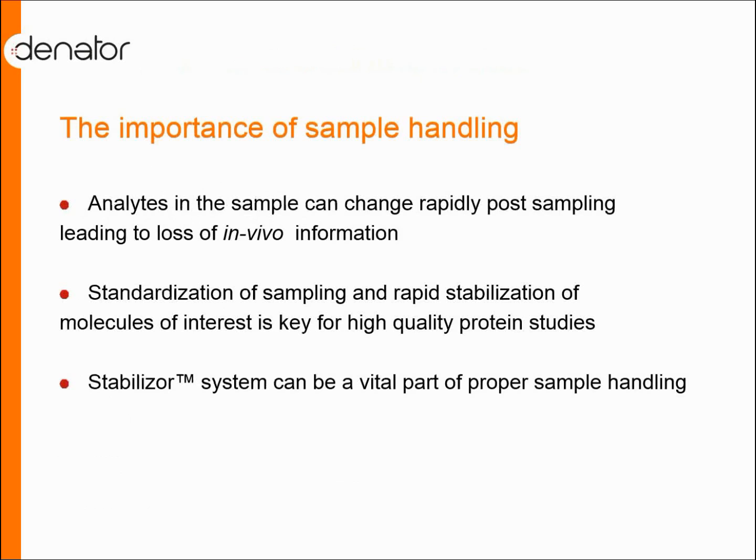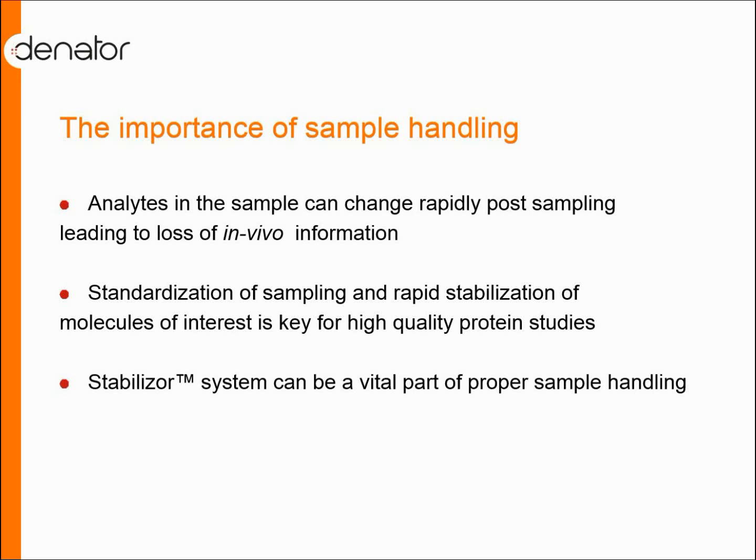To finish off and summarize, unless it's already been made obviously clear: the analytes in the samples can change rapidly, and it's very important to avoid this in order to keep the information that was in the in vivo sample as close as possible, all the way to analysis, so that you don't risk losing information during the extraction and analysis process.